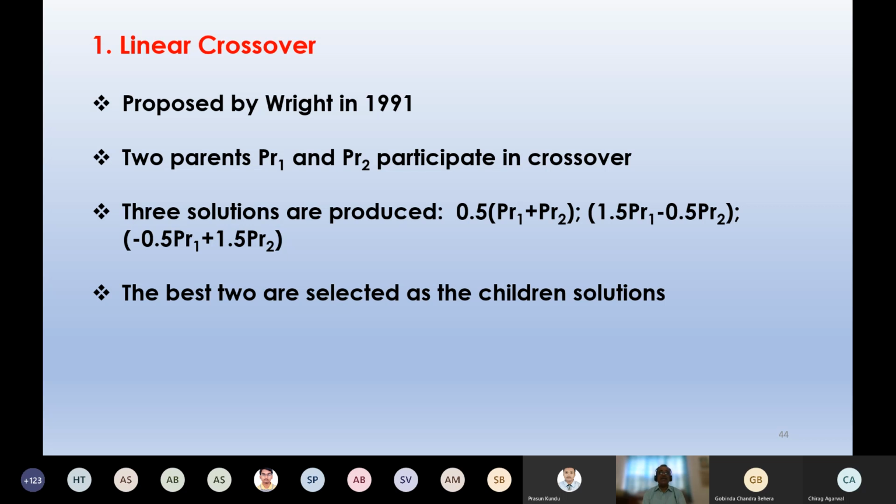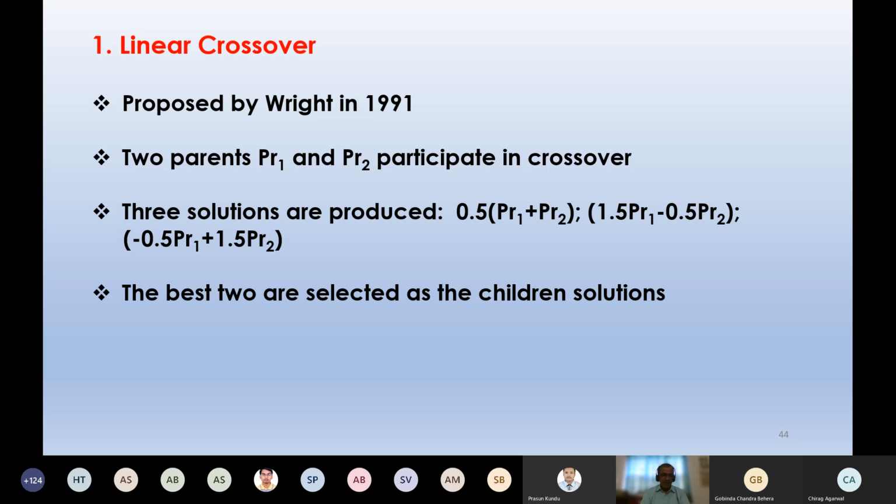This is the way the linear crossover operator was implemented in real coded GA, and it was very simple from the implementation point of view, and it gained popularity because this is the first version of the linear crossover.